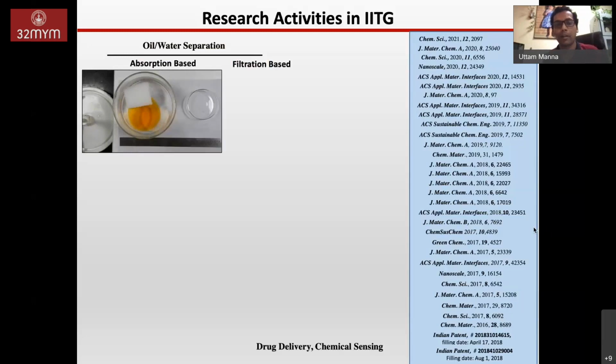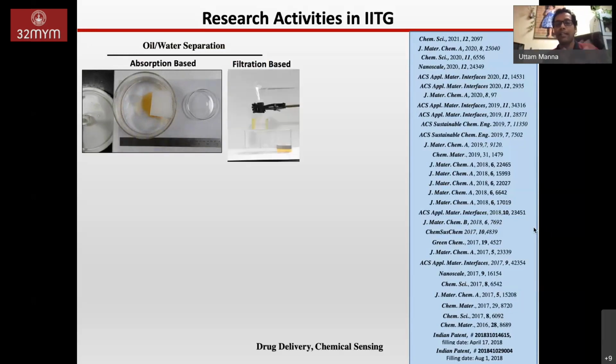Suppose you think about a vast open water reservoir contaminated with crude oil or oily waste. You can use these bioinspired interfaces, associated with spongy porous materials, to selectively collect that oil spillage.